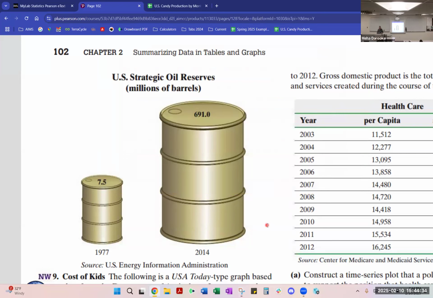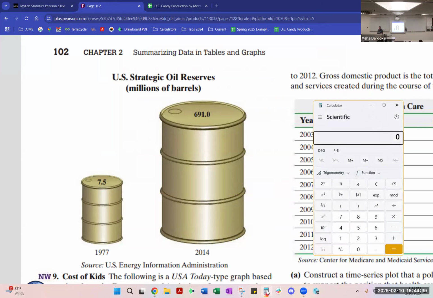691 million barrels. And we had 7.5 million barrels. That is 92.1333 times repeating, right? So at least 92 times larger than the 1977 barrels.